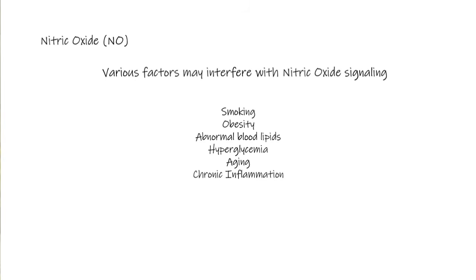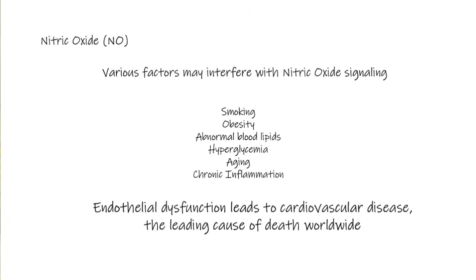These conditions can interfere with nitric oxide signaling. We won't focus on those specific mechanisms, but I want you to recognize that disrupting a healthy endothelium's ability to regulate vascular tone has significant consequences for cardiovascular health, the leading cause of death worldwide.